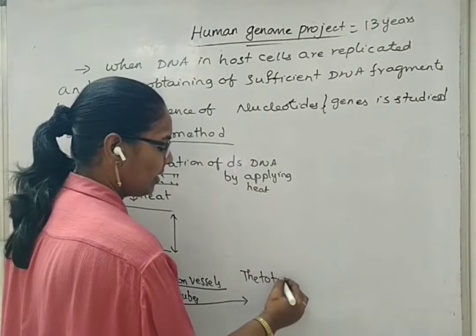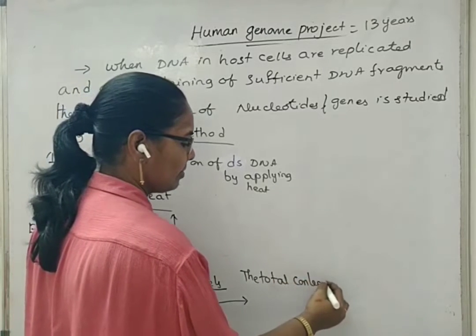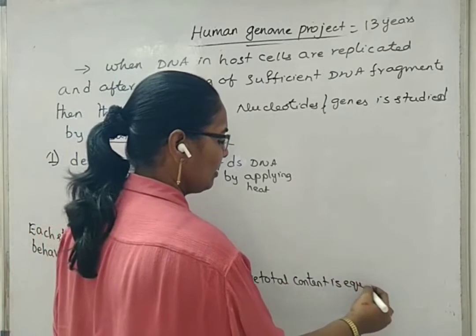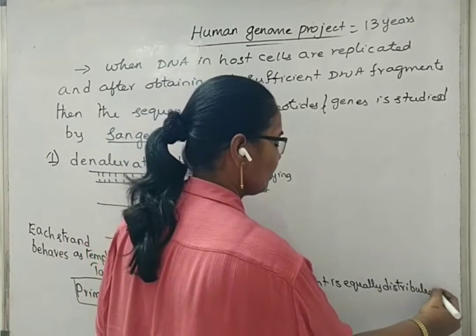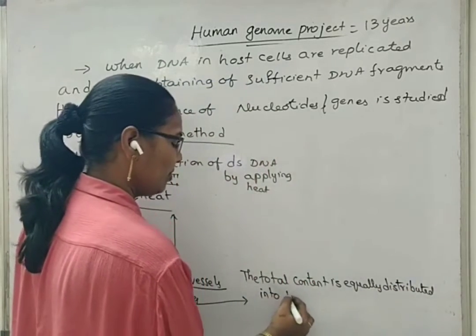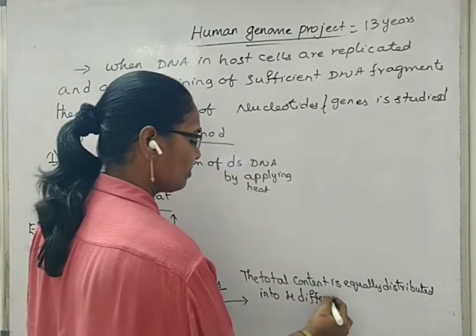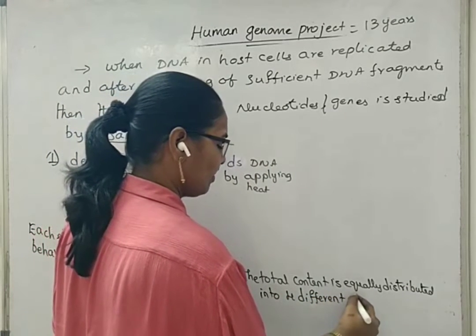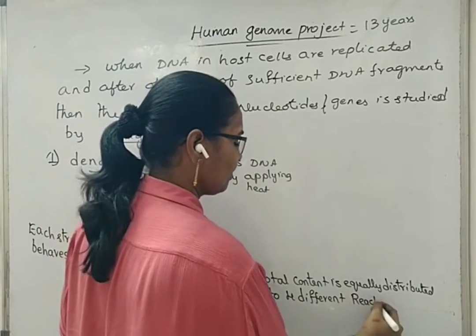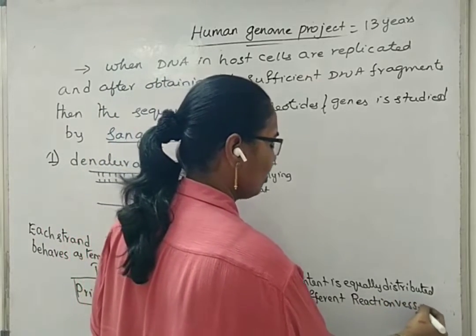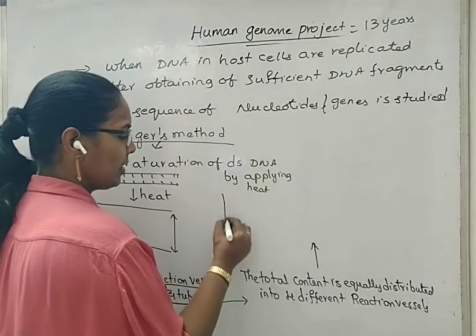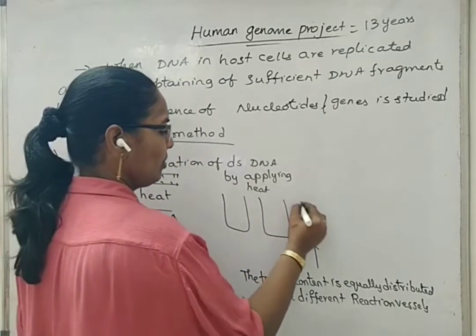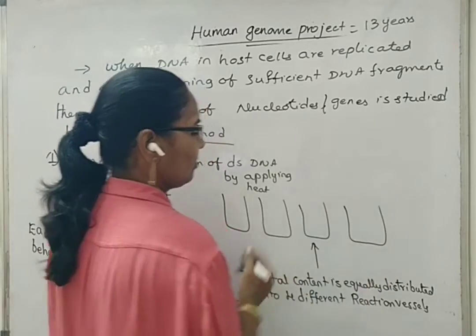The total content is equally distributed into 4 different reaction vessels or test tubes. The diagrammatic representation can be given like 1, 2, 3, 4.